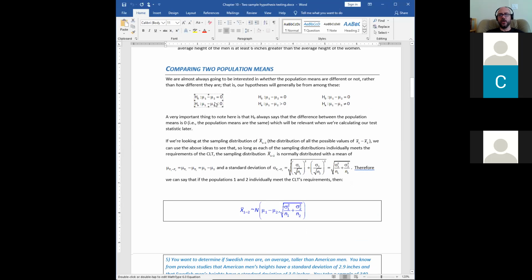Just like with the 2-sample f-test we were just talking about, you could write the null as less than or equal to, or greater than or equal to, if you wanted, but the math will end up being the same. So I've just written them all as equals. We're really checking to see if two population means are equal or not. The not could mean that we think one's less, or one's more, or that they're just not equal.